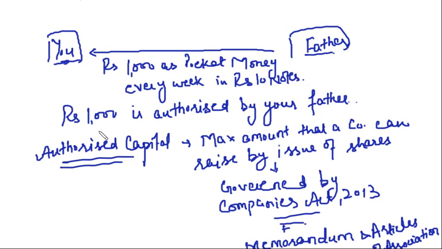So this 1000 is the maximum amount that you will receive from your father, that has been authorized by your father. Similarly, in a company we have an authorized capital, which says the maximum amount that a company can raise by the issue of shares. It is governed by the Companies Act 2013 plus the memorandum and the articles of association of the company. Clear? So that is authorized capital.